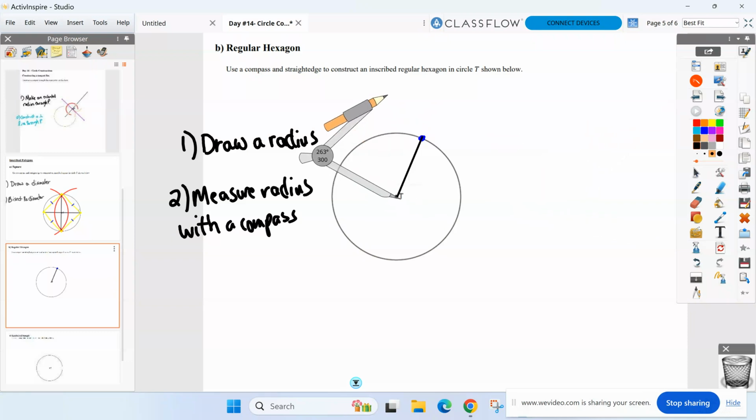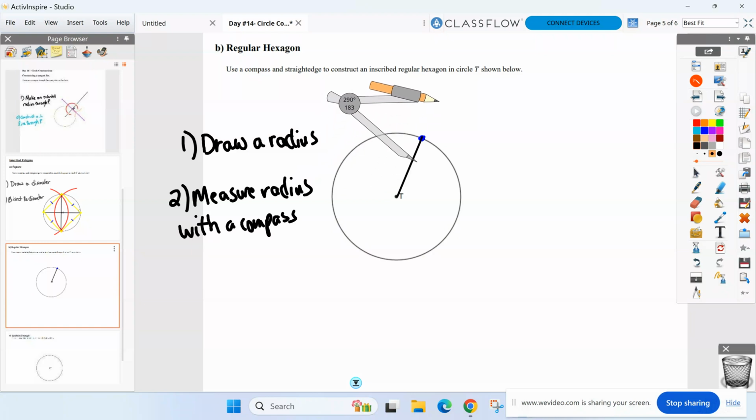So everyone right now, your compass should be open to the length of your radius. And I'm going to do it with you. What we're about to do is we're going to go around the circle, making arcs that are the same length as our radius. Every arc up here should be the same length as your radius.